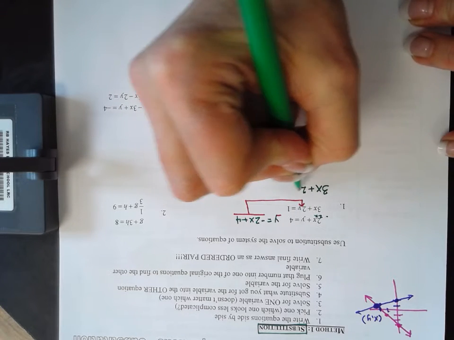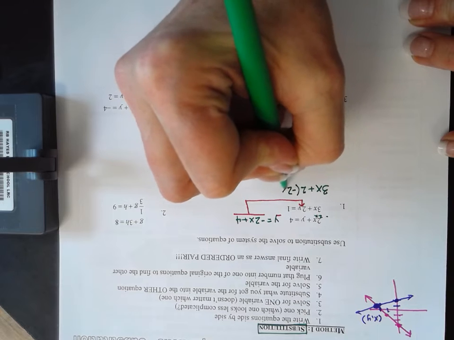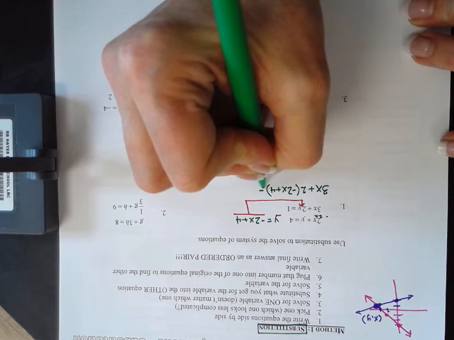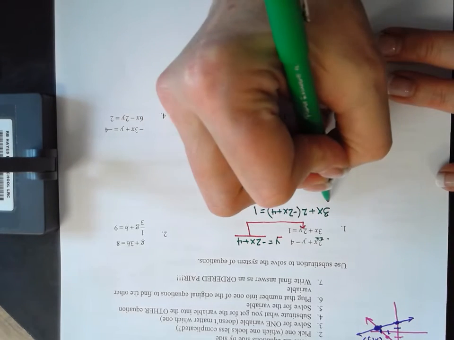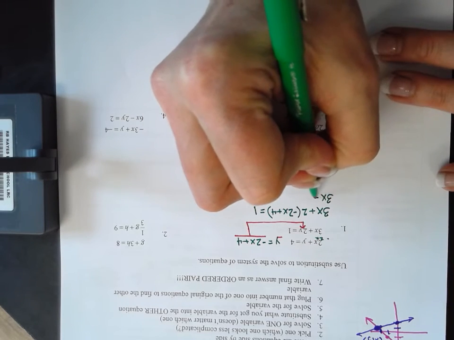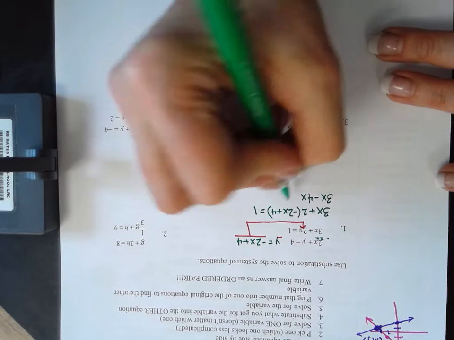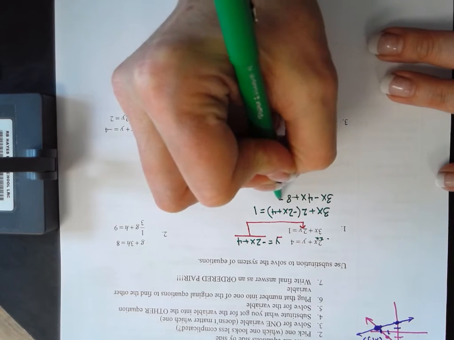which then gives me 3x plus 2 times negative 2x plus 4 is equal to 1. The beautiful part about that is now I only have one x, so I can just solve for x, and there's half of my answer. If I distribute, I'm going to get 3x minus 4x plus 8 is equal to 1.